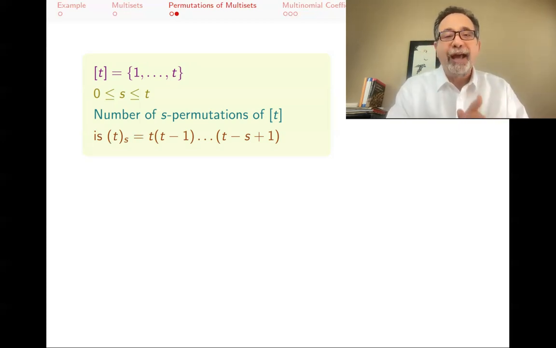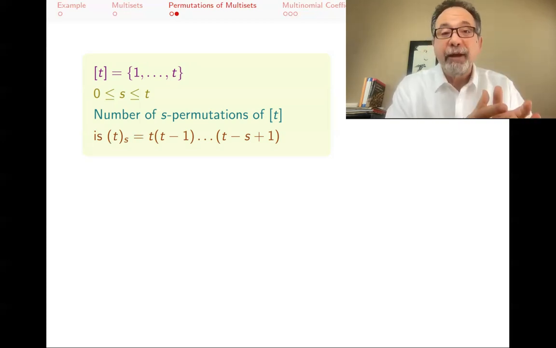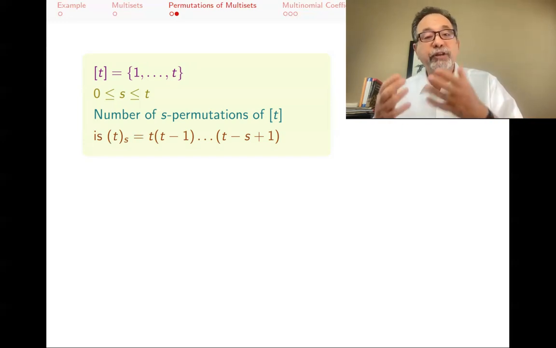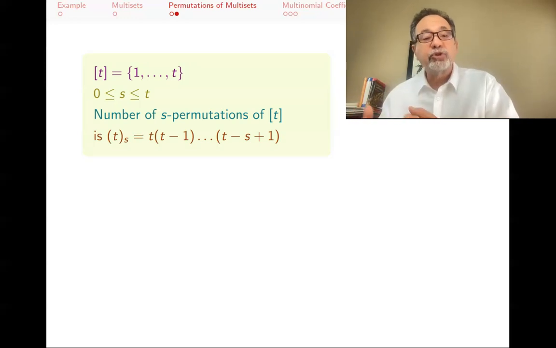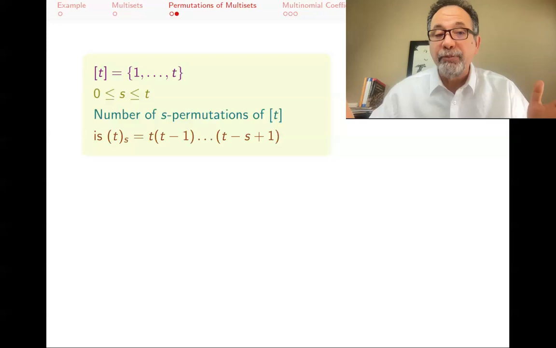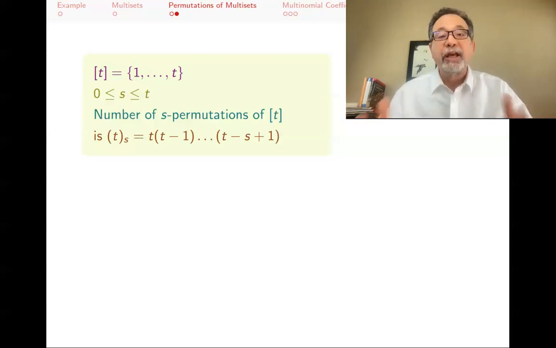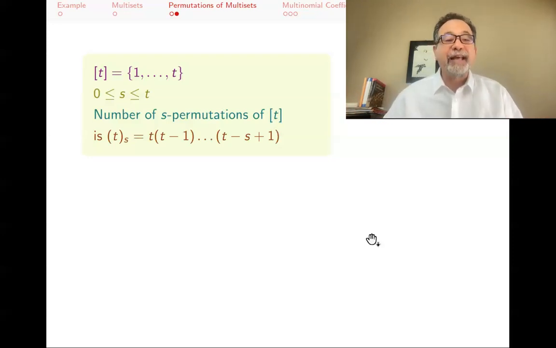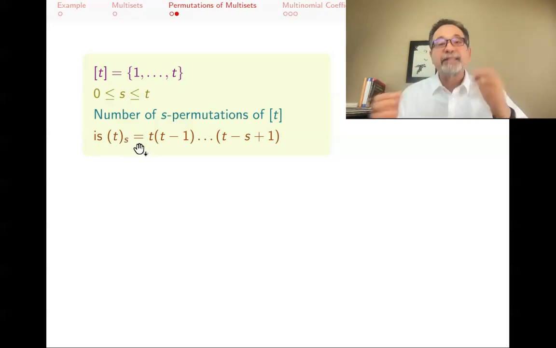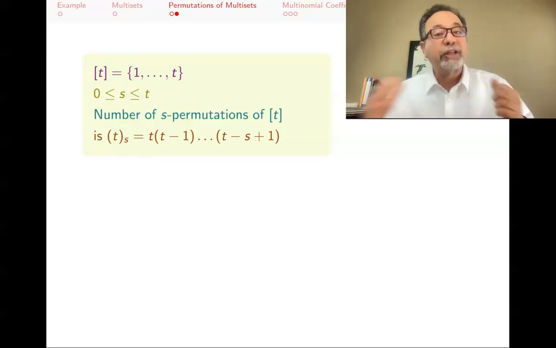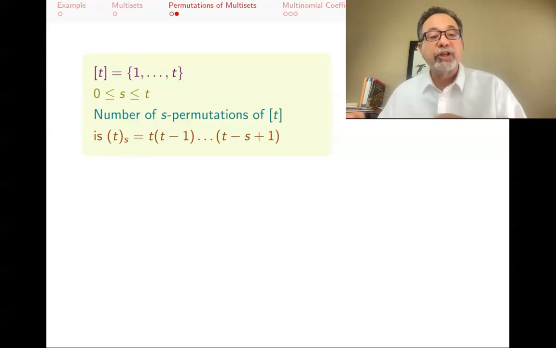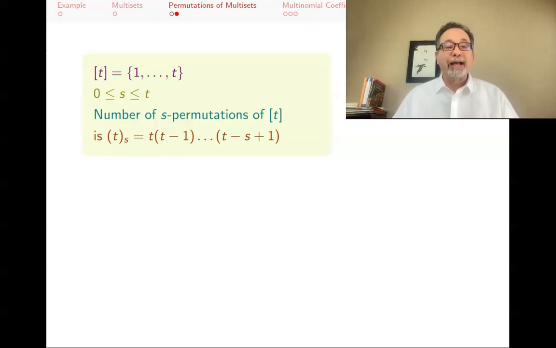How many choices do I have for the first spot in my permutation? Well, T choices, I pick one of those T. And then for the second one, I have T minus 1. For the next one, I have T minus 2. And I have to have S factors like that because I'm making an S-permutation. I'm not permuting all elements of T, I'm permuting S of them. And this falling factorial notation, parentheses T with an S, for me means it's a truncated factorial. You start with T and you write S factors of the factorial and then stop.